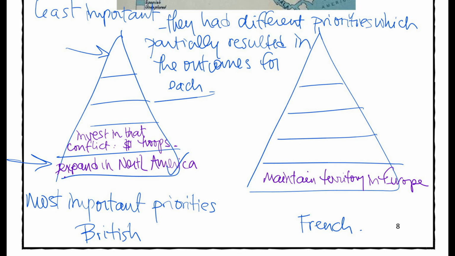The point here is that they had different priorities, which partially resulted in the outcomes for each. So take a few minutes and see if you can figure that out.